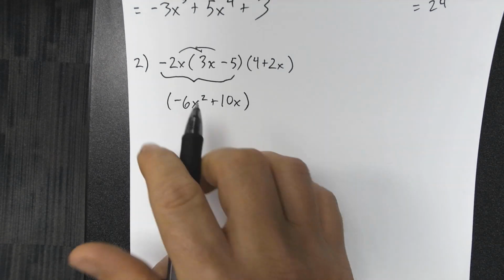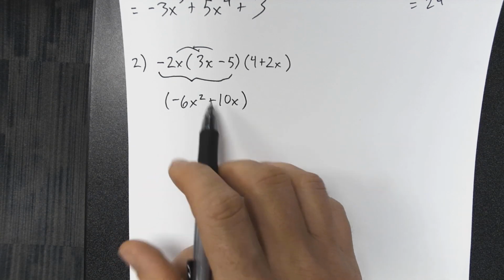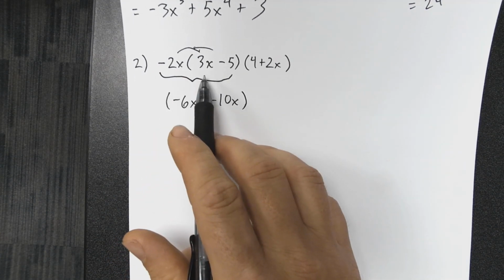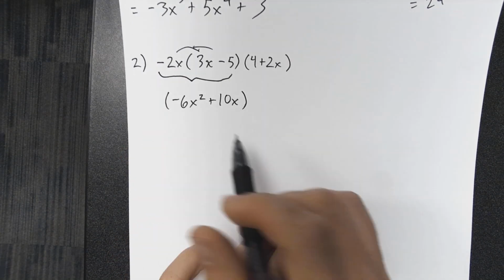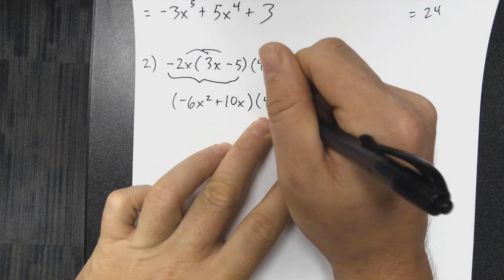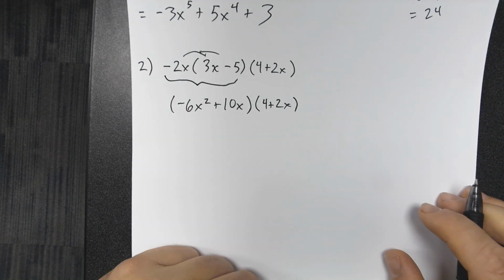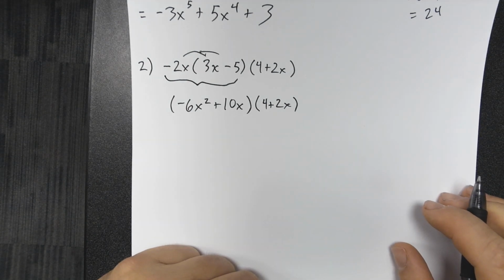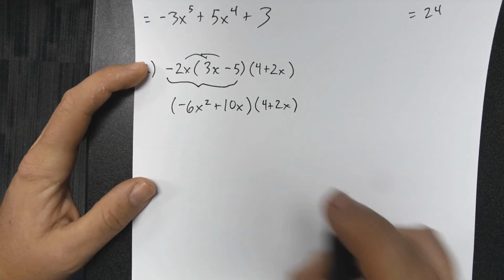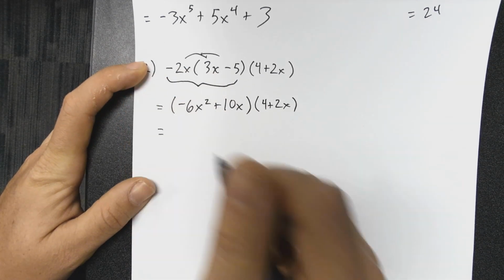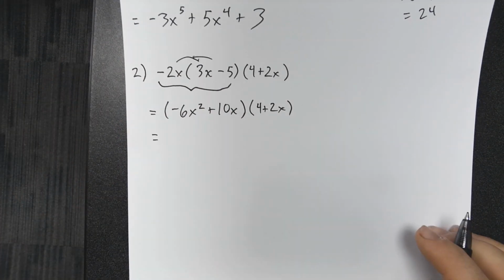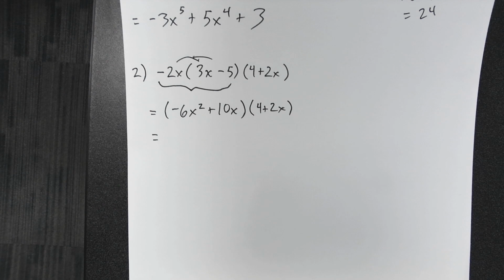It's absolutely critical that I keep this product in parentheses. I've got to take this entire product, not just part of it, and multiply it to this binomial, 4 plus 2x. I have to apply that distributive property. So all I did is multiply the first 2. Pause there for a moment.